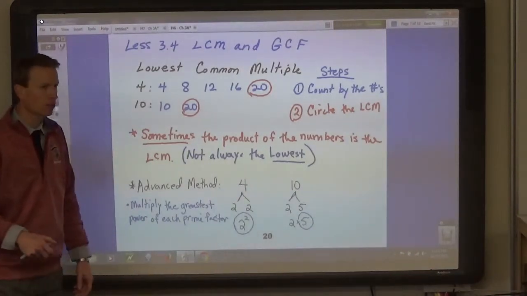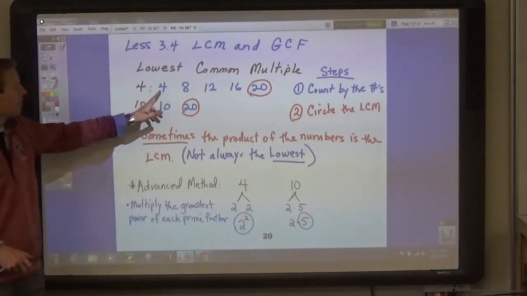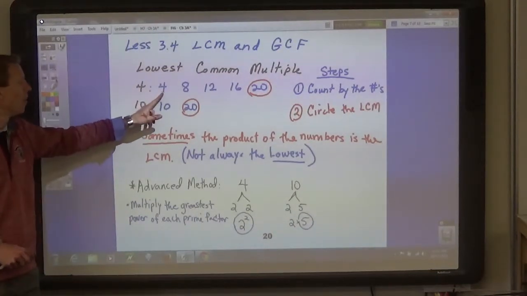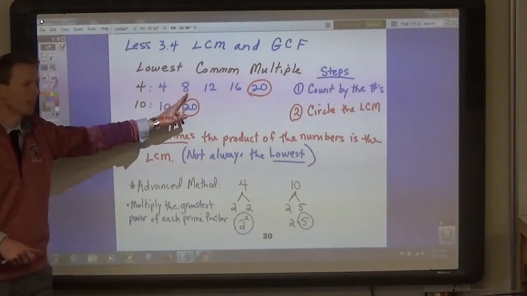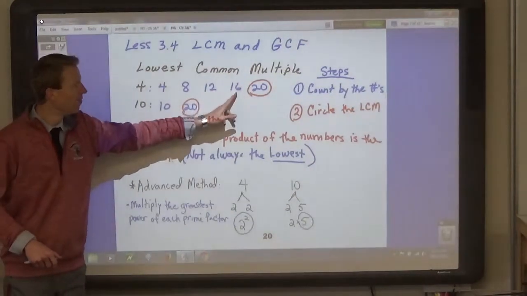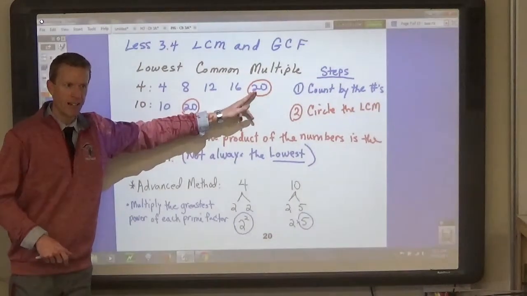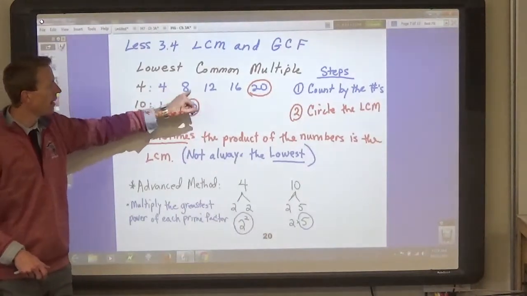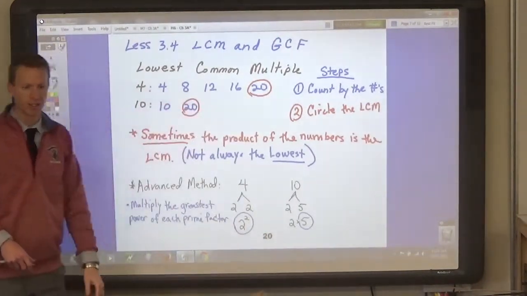Multiply, yes, multiply. In other words, the number you're given is being multiplied by 1, 2, 3, 4, 5. Those are multiples of 4: 4, 8, 12, 16, 20.